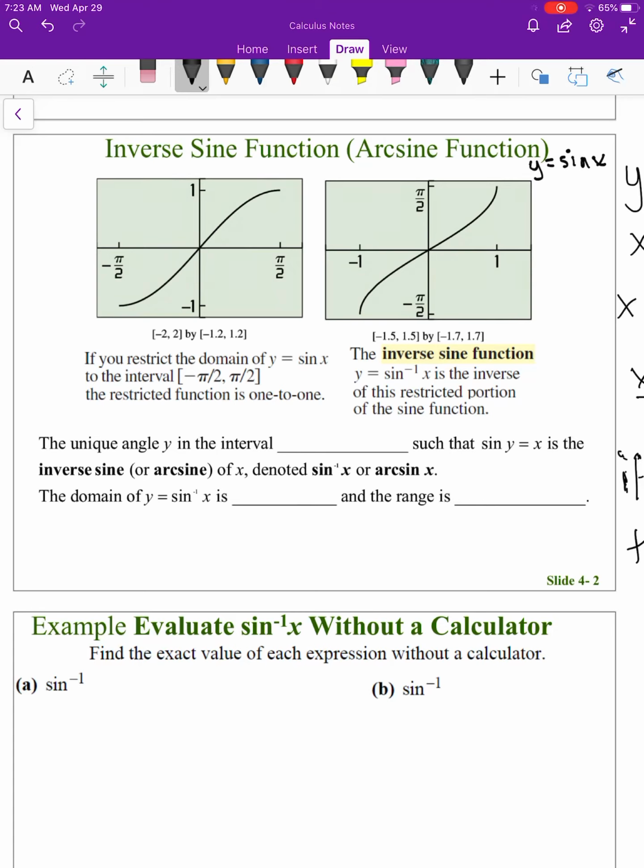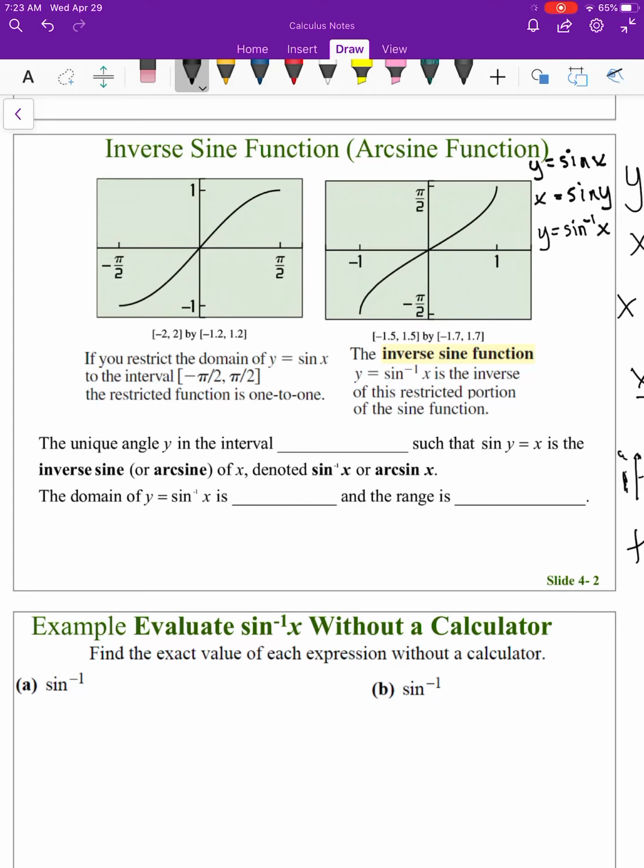So if we had the sine function, y equals the sine of x, and we wanted to find its inverse, we're going to turn the x to a y, turn the y to an x, solve for y. Since this means that y is the angle when x is the ratio, then we say that y is the inverse sine of x.